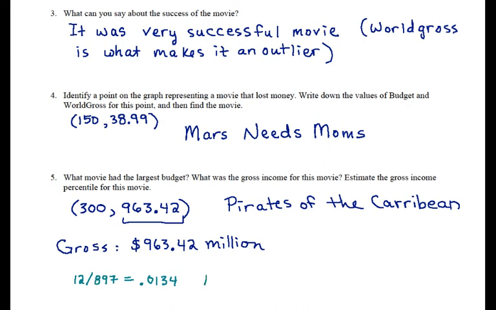So there's 1.3% above. Well, that means that this is about, we want the reverse of that. We want to know what percent are below. That's going to be 98.7% below.